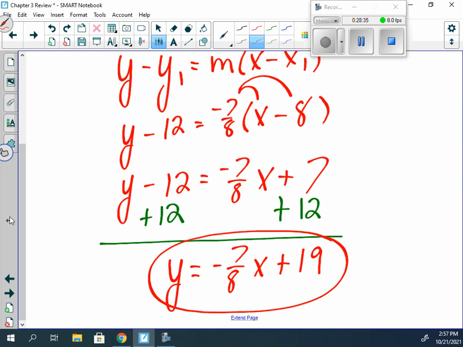Change the sign and flip it. You're good?